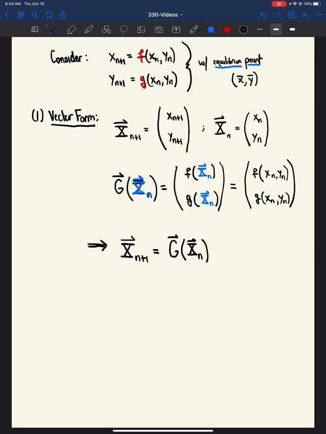You can see how this looks very familiar to the form that we did for single equations. Just a quick aside, where we had single equations like z n plus 1 equals some number times z n, it doesn't have to be that restrictive, but if we have z n plus 1 equal to some function of the previous iteration values, it's something like this.